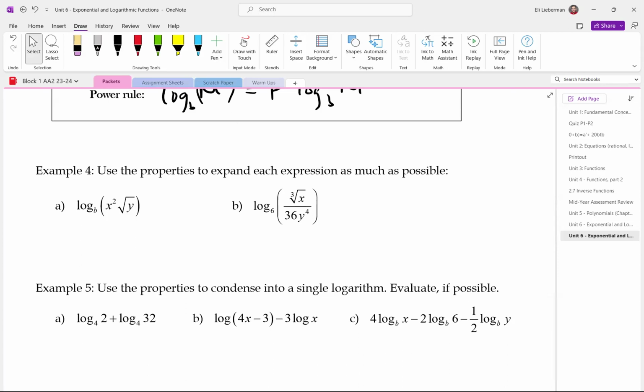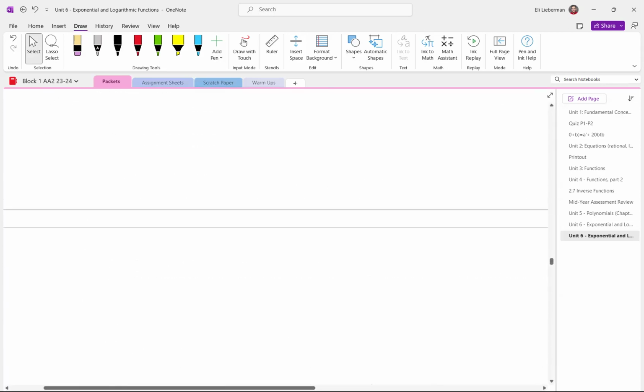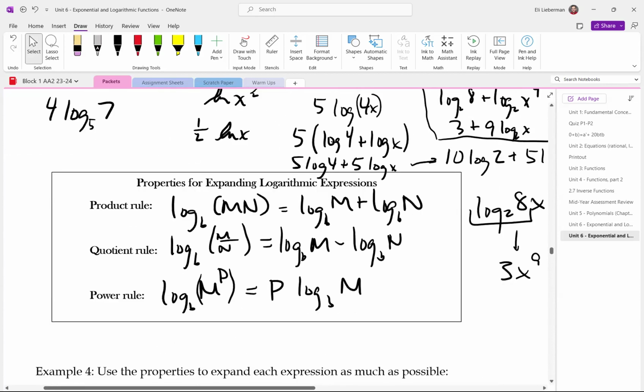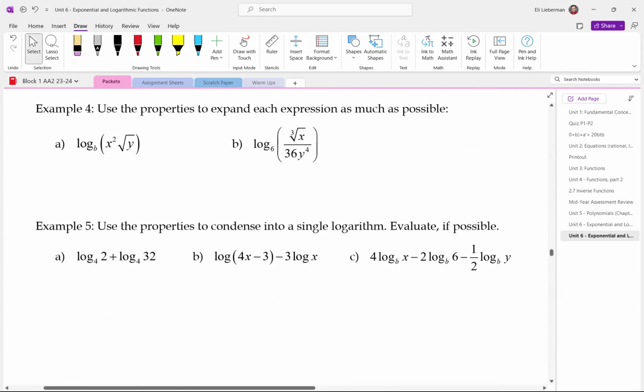What is B? Minus, oh wait. Six. And the rest is there. There's log base six of x. Minus. Two.